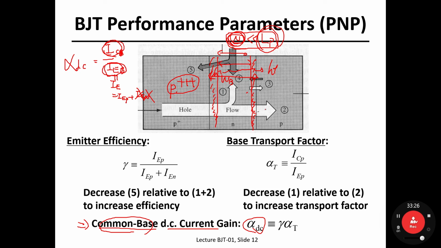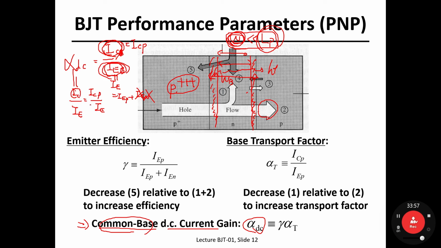So collector current is this, right? And most of it comes from the injected holes, I sub CP. So alpha DC, common base DC current gain, the input current versus output current, is defined as I sub C over I sub E. However, this I sub C most likely comes from the hole collector current, I sub CP.